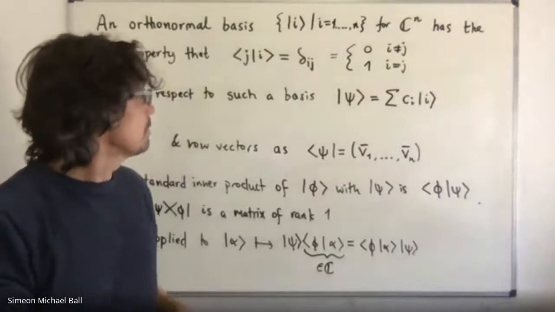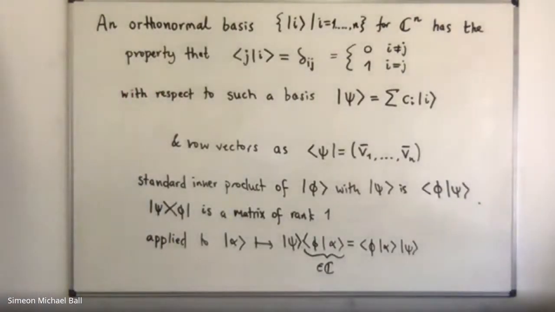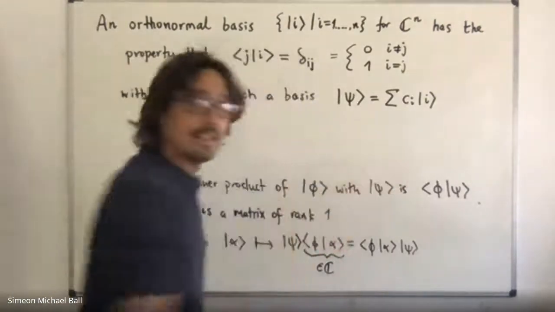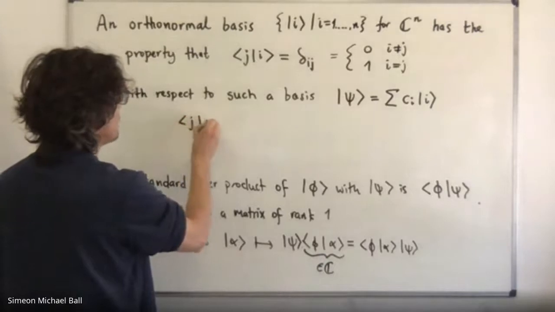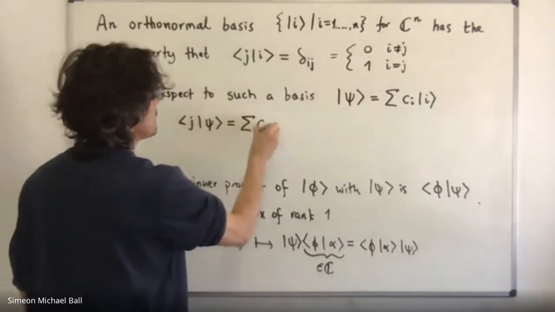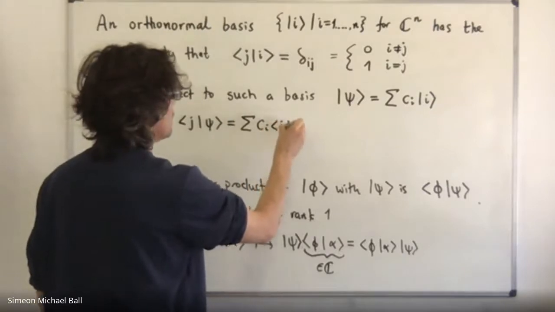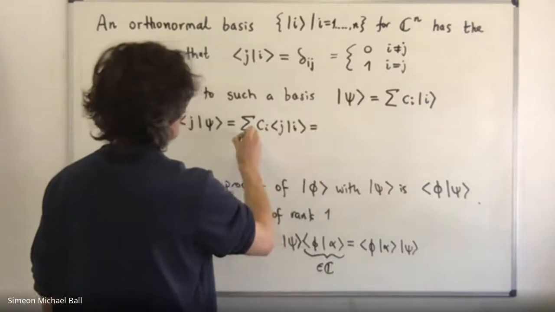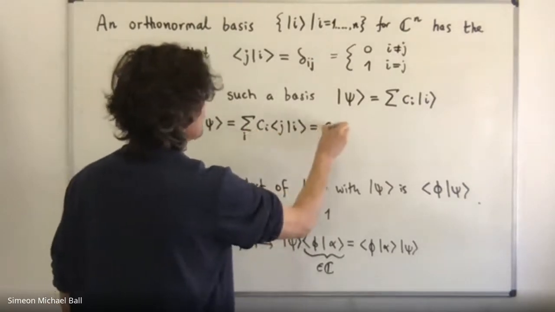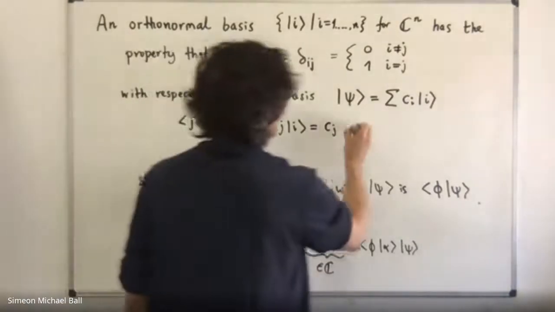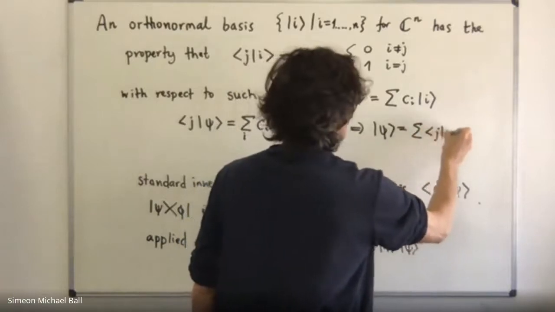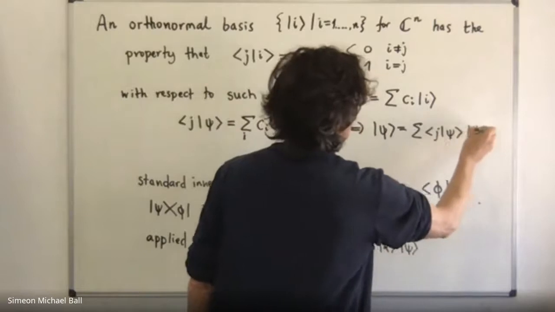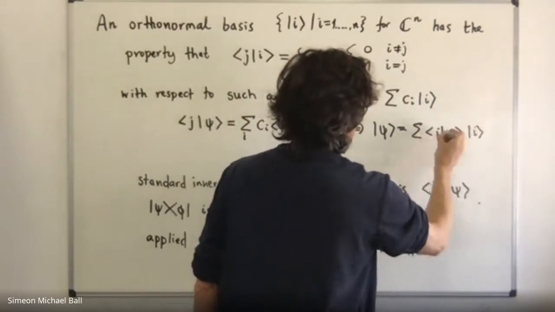Then if we take the bra j with psi, this would be the sum over c_i times bra j ket i, which will be equal to c_j. This implies that psi is in fact the sum over i of the bra i ket psi times ket i.